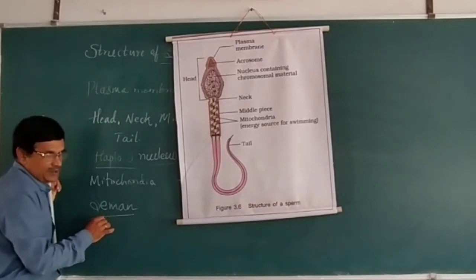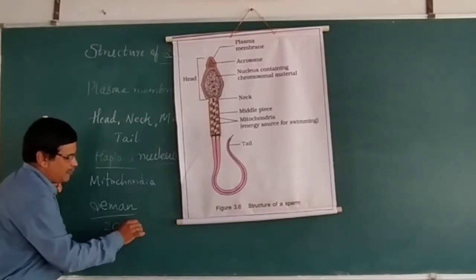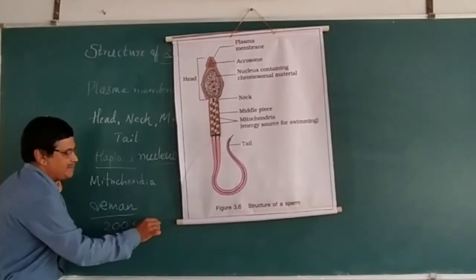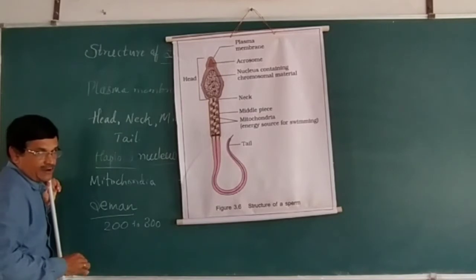A normal human can ejaculate about 200 to 300 million sperm during a coitus.